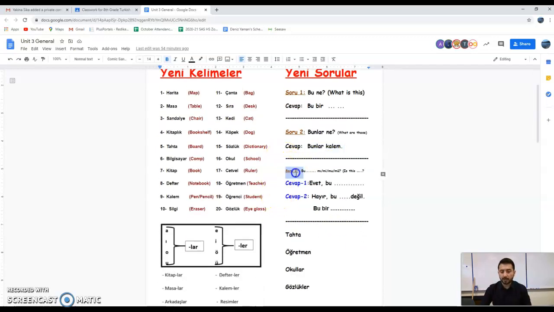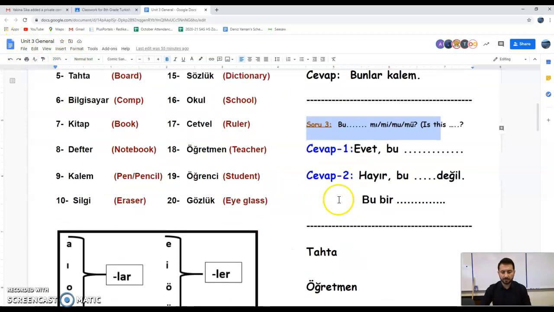So for the last question, to say is this or are these, you see here it says is this or are these. You say bu, then the name of the object that you're asking about. For example, if you're saying is this a pen, you say bu first, right?